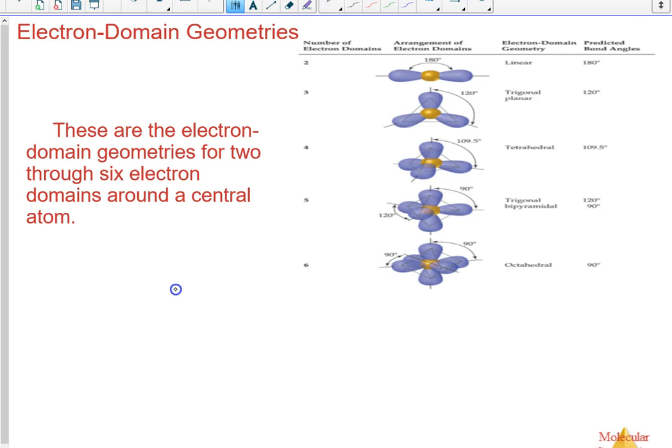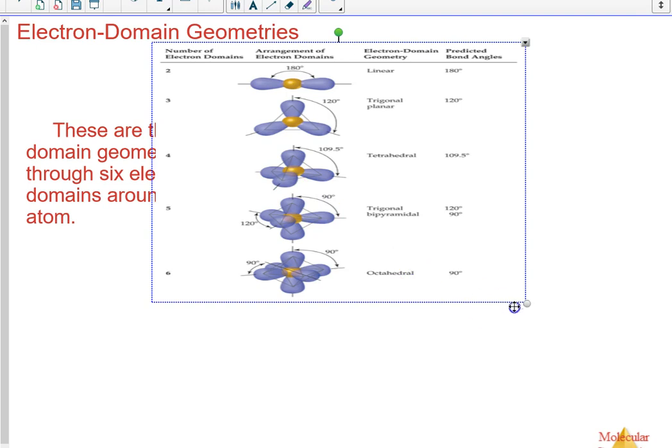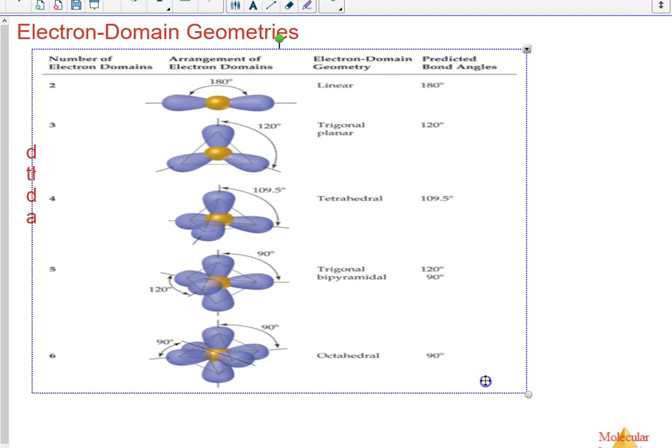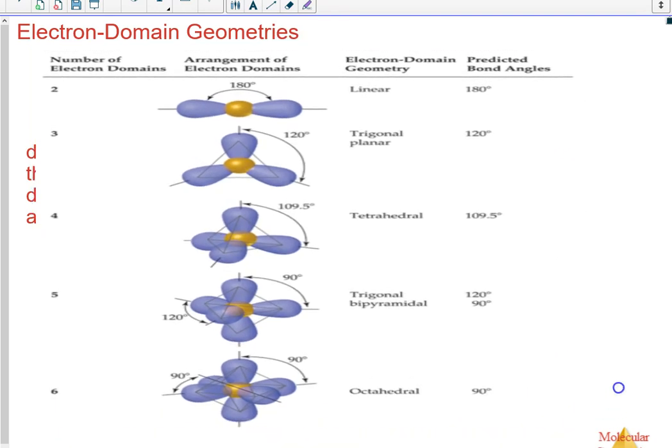All right. These are the electron domain geometries for 2 through 6 electron domains around a central atom. That's kind of blurry to see. Let me make that a little bit bigger. These should look somewhat familiar. Because of why?